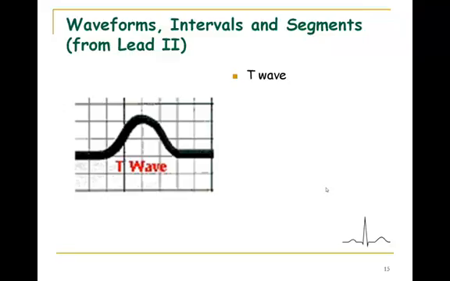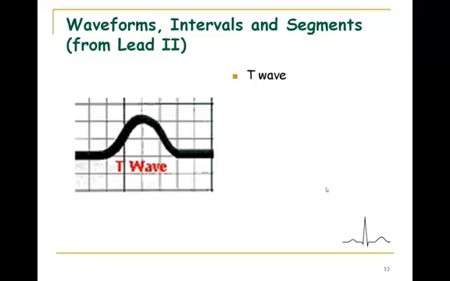So things that can affect the T wave would be things that affect how long it takes to repolarize the ventricles. Other things associated with inverted T waves would be left ventricular hypertrophy and even left bundle branch block.